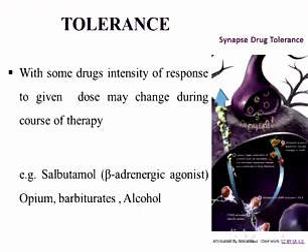The other one is tolerance. With some drugs, the intensity of the response changes. We give some dose of a drug in a medication, and if the drug is used for a chronic period of time, then the body shows tolerance. The drug will be accepted by the body.